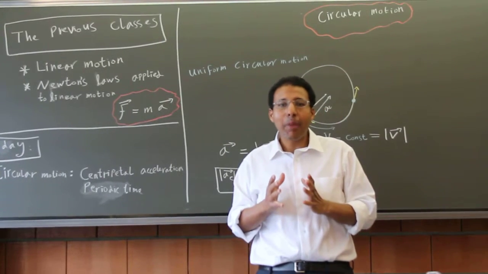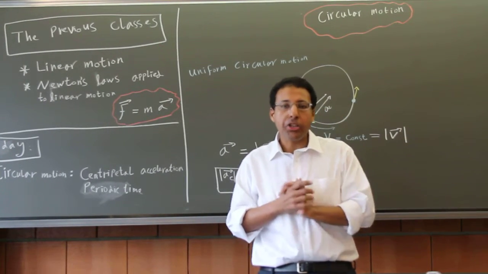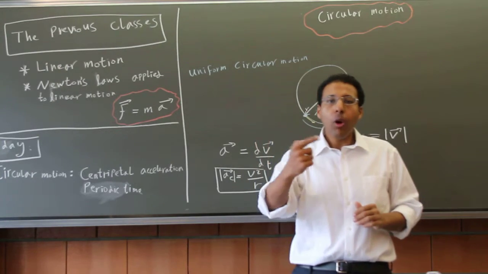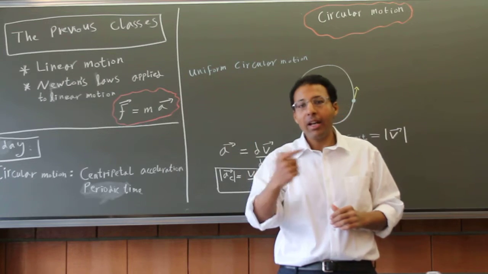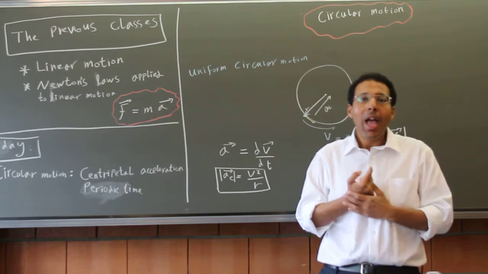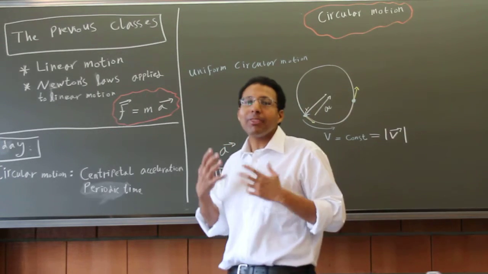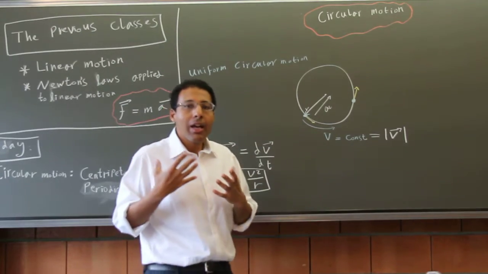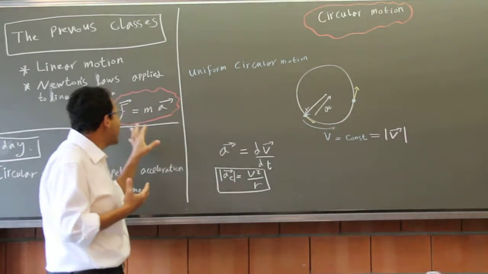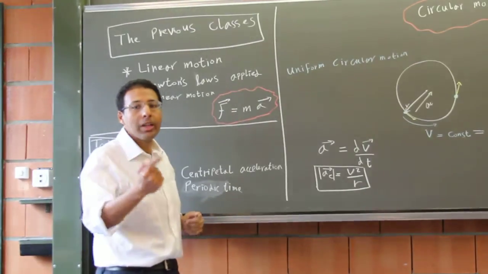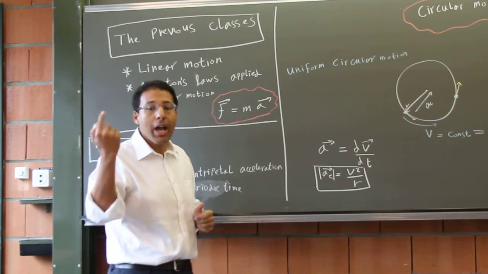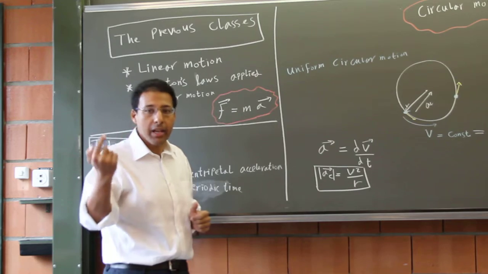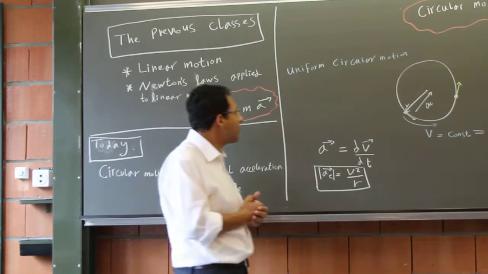Well, this depends on the situation. We all know that the planets rotate around the sun. And in this case, it is the gravitational field that provides the needed force for these planets to continue circling in circular orbits.